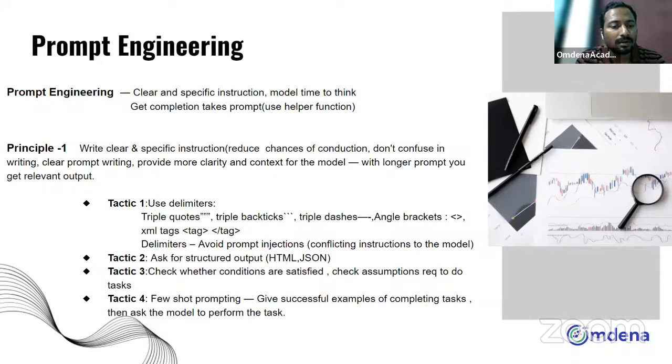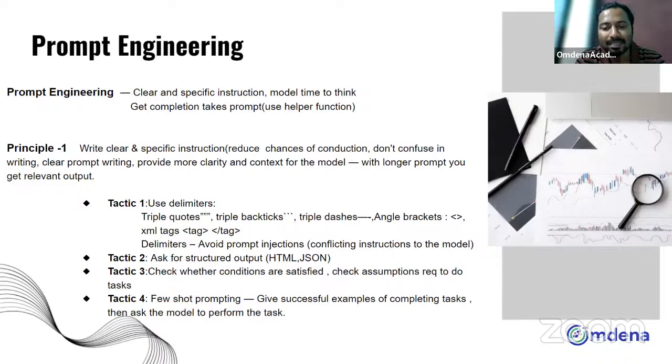You can also give a set of conditions to be validated before giving an output. Also, you can add a few examples in the prompt, and you can expect a solution or answer for the next example without an answer.